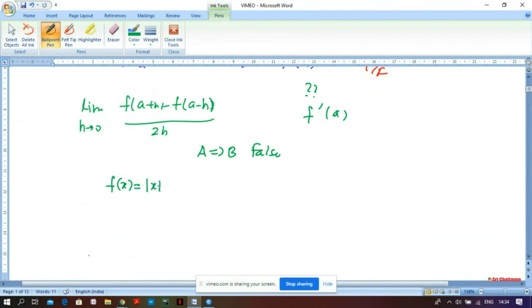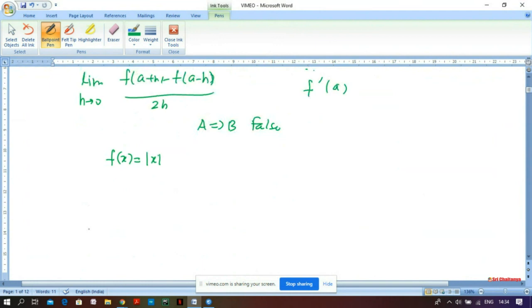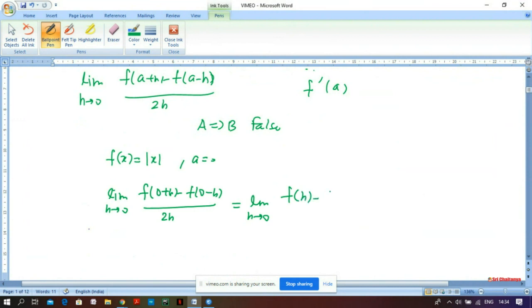So because it is false, I will give you a counter example. Choose f of x is modulus of x, and choose a is 0. Then the limit as h tends to 0 of f of 0 plus h, don't be in a rush, minus f of 0 minus h, upon 2h. That is the limit as h tends to 0 of (f of h minus f of minus h) upon 2h.